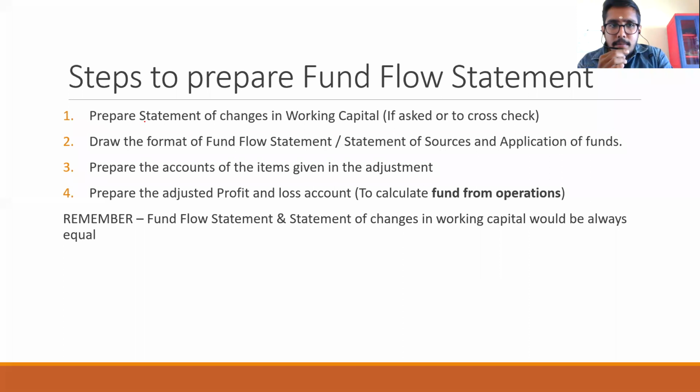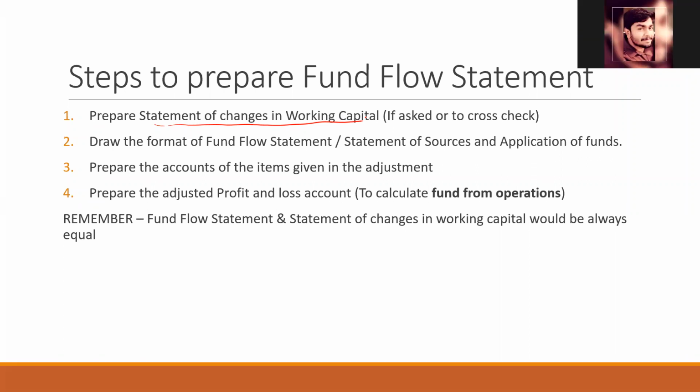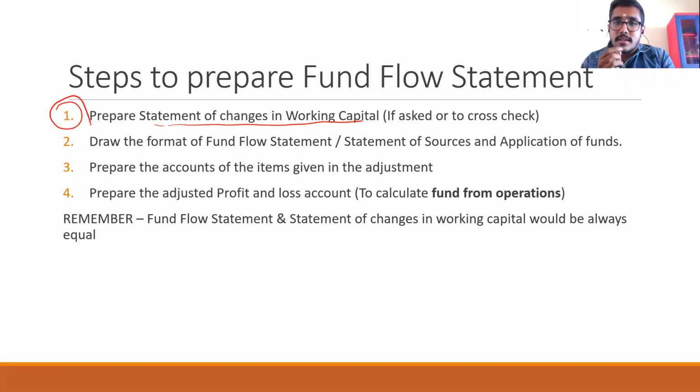So prepare the statement of changes in working capital using current assets and current liabilities given inside the balance sheet. Nothing, like additional information, affects this statement; only take the items given inside the balance sheet.